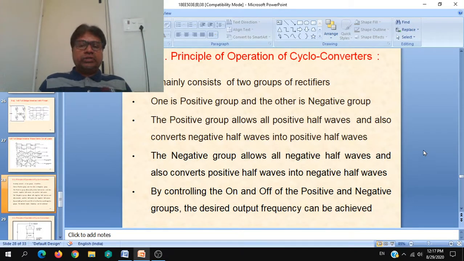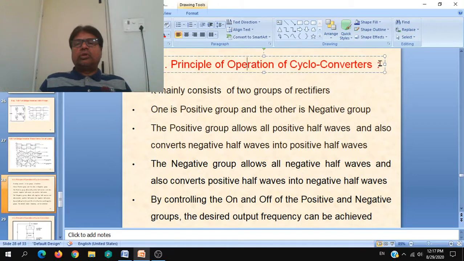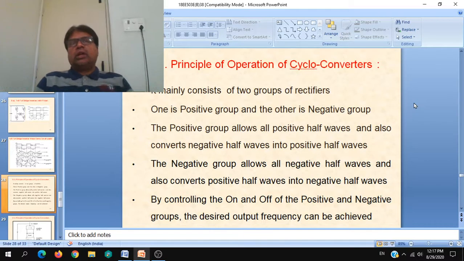And the next question is, you are asked to explain the principle of operation of cycloconverters. You are not asked to explain particularly a step down cycloconverter or step up cycloconverter or voltage frequency controller as such.